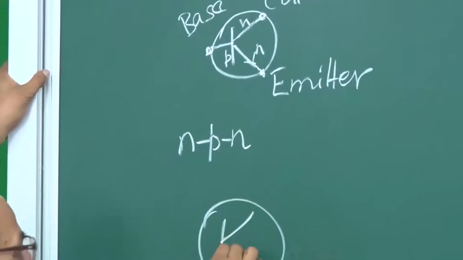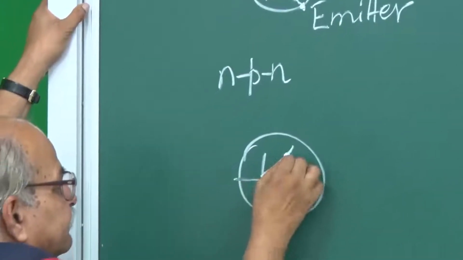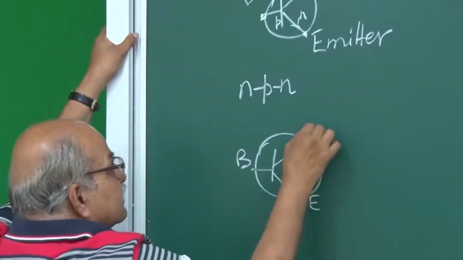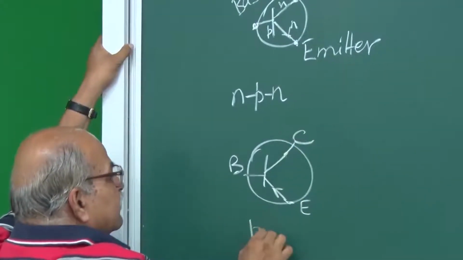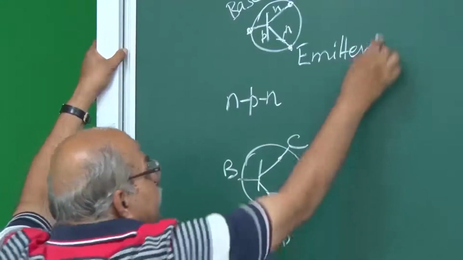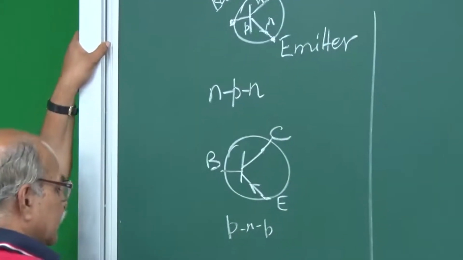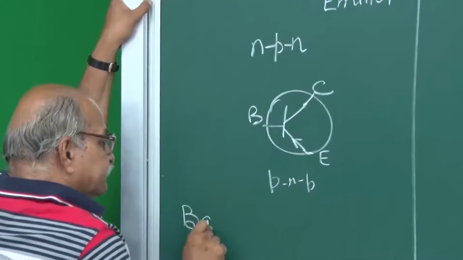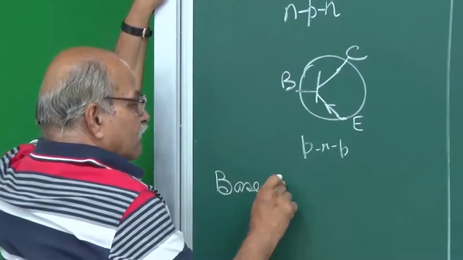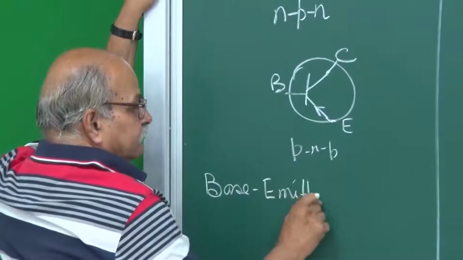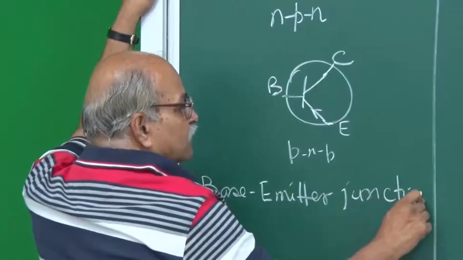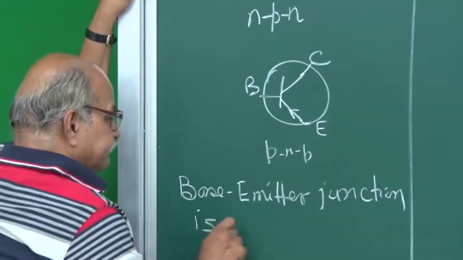For PNP, the arrow will be like this. Once again, this is base, this is emitter, and this is collector, and this is PNP. So, the guiding principle was, in normal operation, this base emitter junction is forward biased.